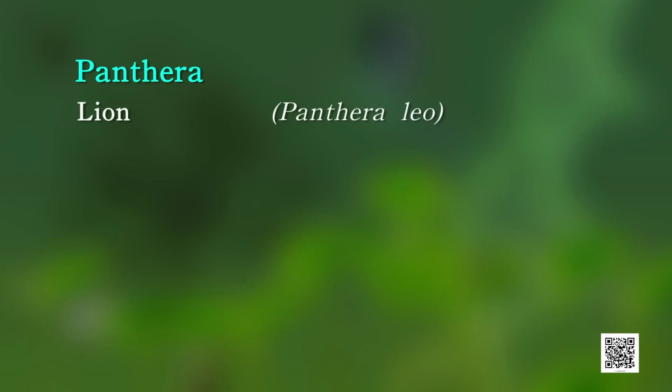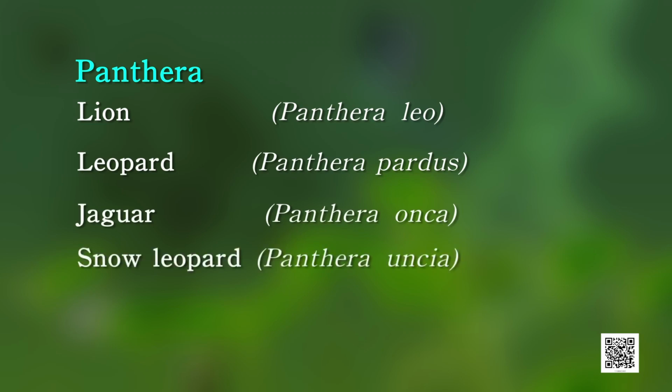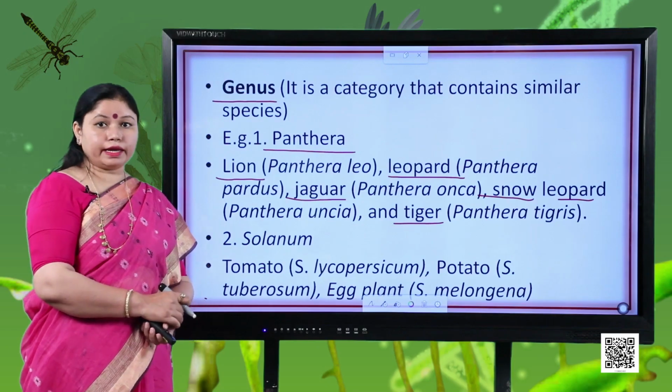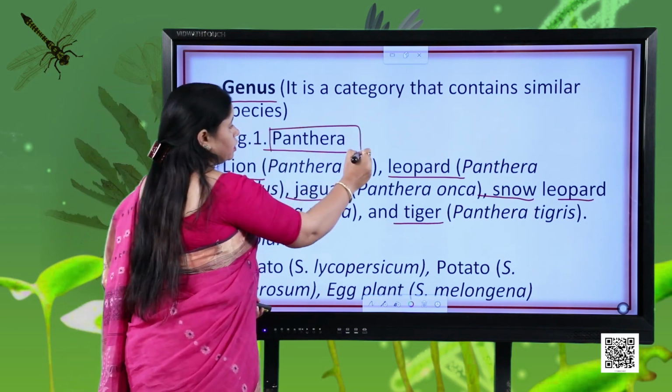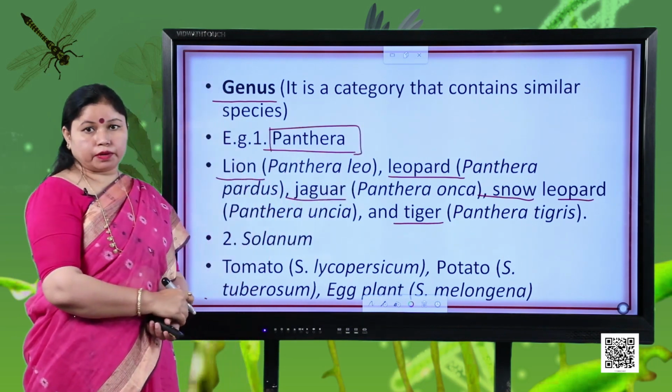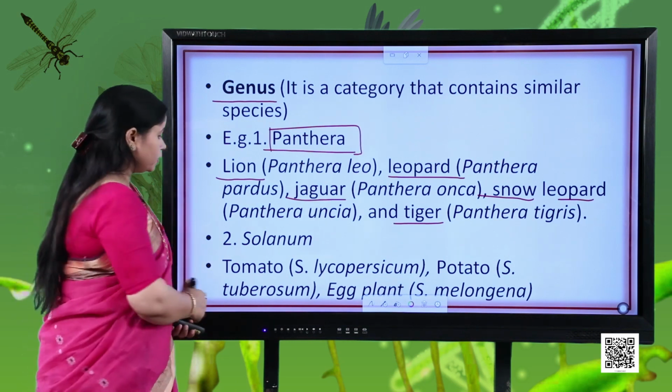The scientific name of lion is Panthera leo, Panthera pardus is the scientific name of leopard, Panthera onca for jaguar, Panthera uncia for snow leopard and Panthera tigris is the scientific name of tiger. All are different species and they are similar, they are wildcats. So, they are placed in a genus named Panthera, right.